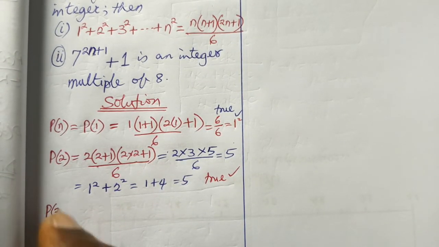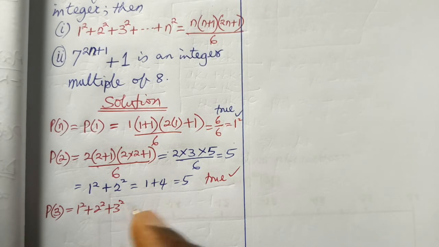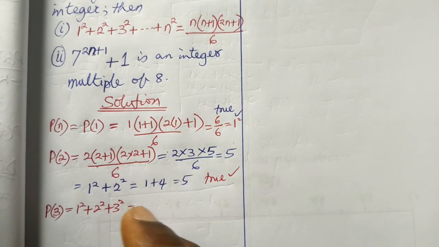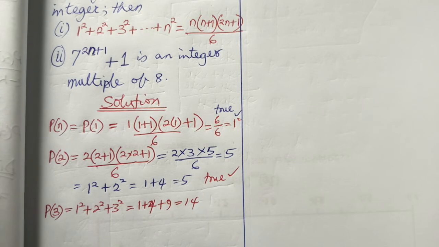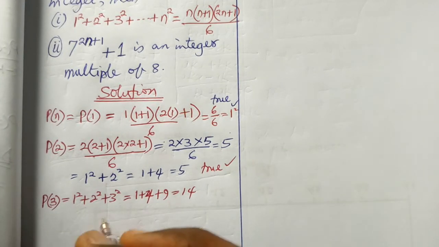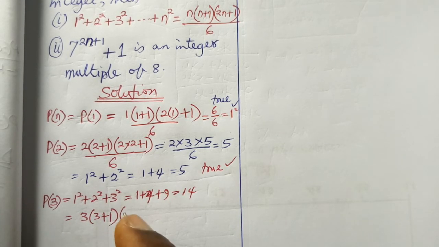For the third one, P of 3, we will have that 1 squared plus 2 squared plus 3 squared should give us, let's say, 1 squared is 1, 2 squared is 4, 3 squared is 9, that's 14. So if we put it in, we will have 3 into 3 plus 1 into 2 times 3 plus 1 all over 6.